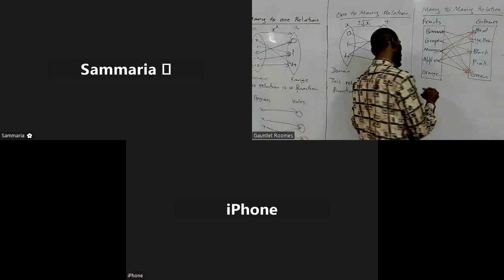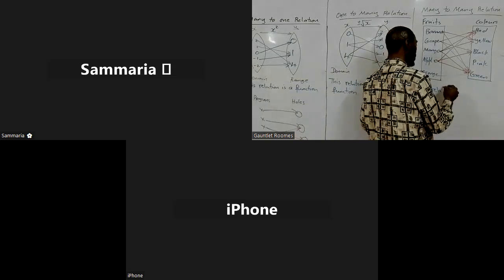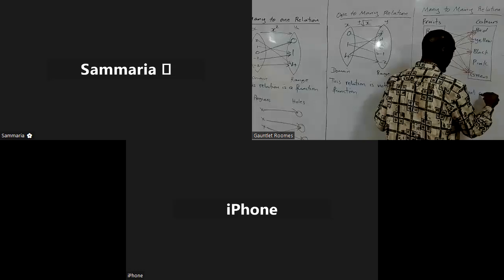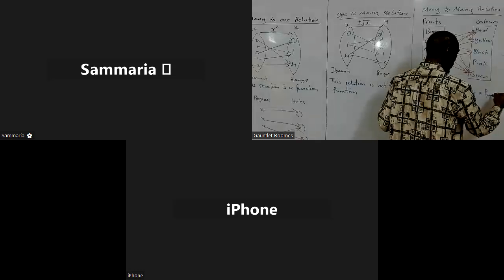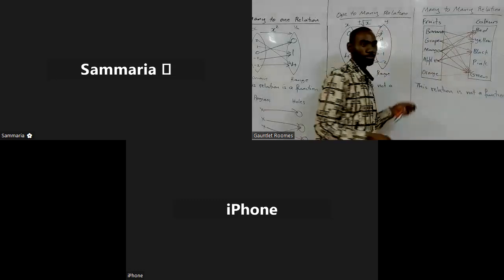So we can say that this relation is not a function.